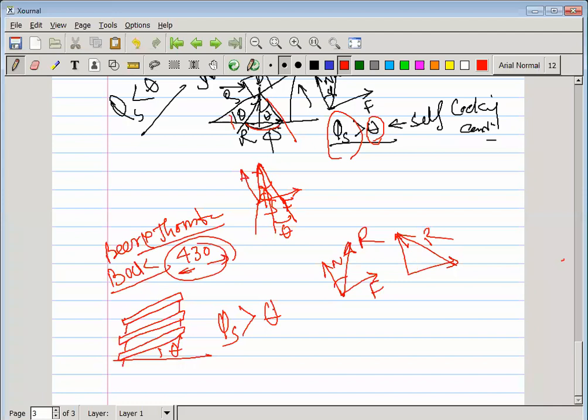This is theta, the normal is in this direction, this is your vertical plane, and this is your resultant. That resultant creates phi s, and that is always more than theta. That is the condition we have to make, so that the body does not move in the downward direction.